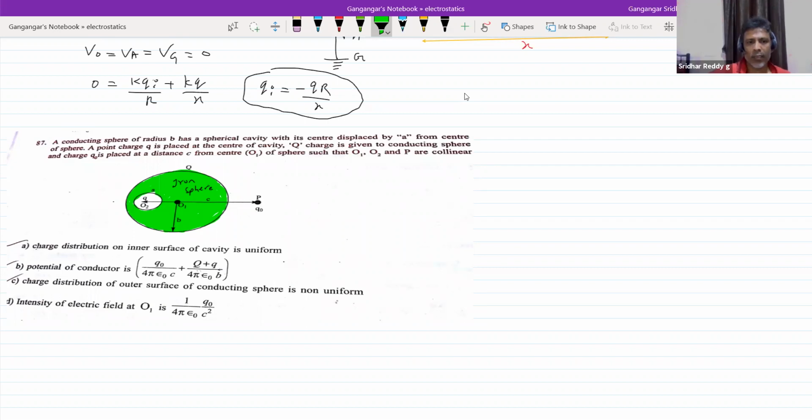Look at this one now. It is asking, there's a point charge Q naught. There already plus Q charge is there. Inside the cavity is kept again a charge q at the center. Potential of conductor, charge distribution on the surface of the cavity.